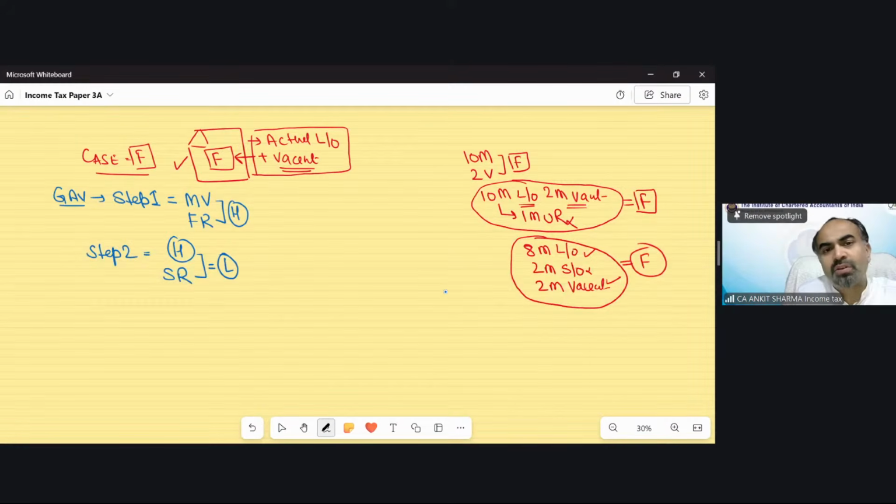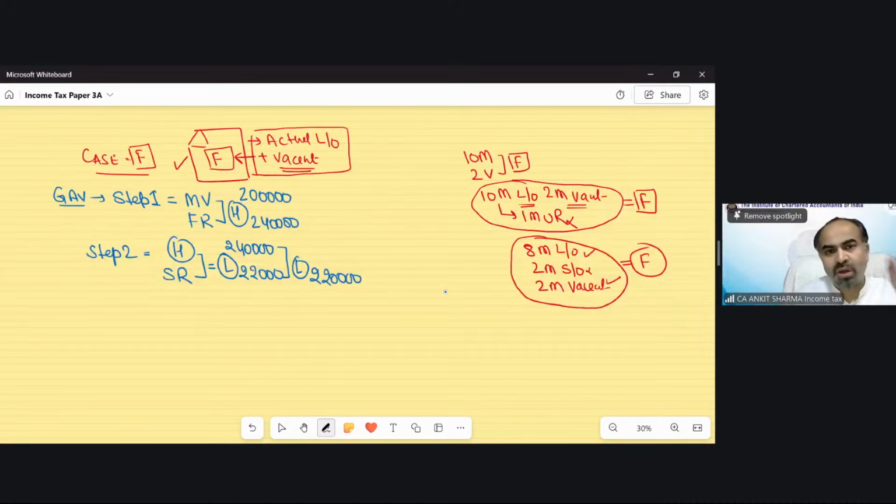Now suppose municipal value was 2 lakh and fair rent was 2,40,000. So technically, this higher value would be 2,40,000. And suppose standard rent is 2,20,000. So we will take the lower value, that means 2,20,000.